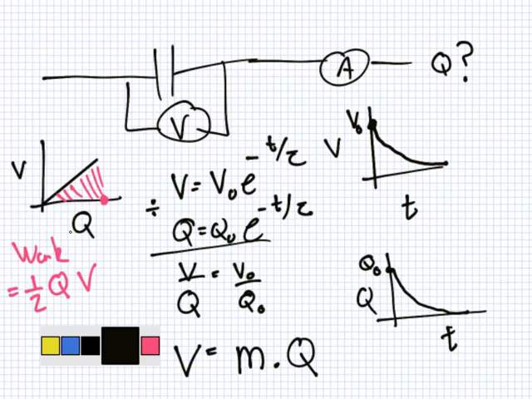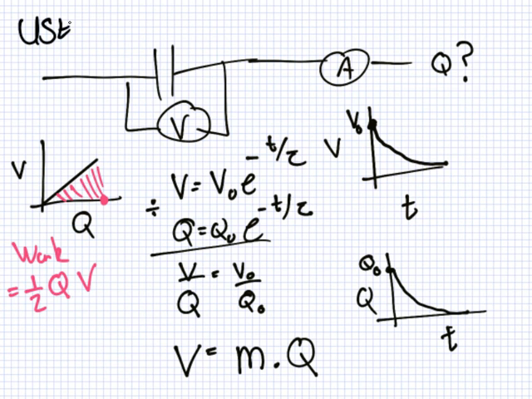You can also use C equals Q over V. So you can get a second formula here. What does Q equal? CV. So this would be a half CV squared. These are the two formulas for work a capacitor can do when fully charged.